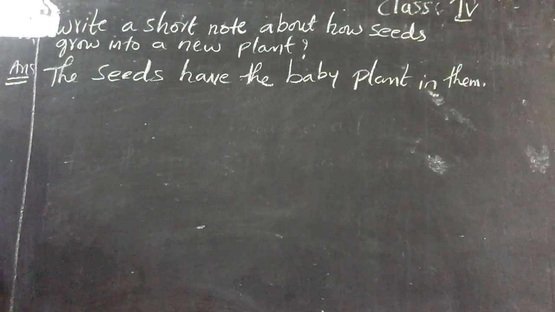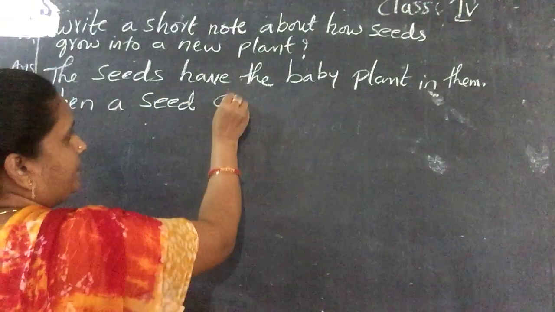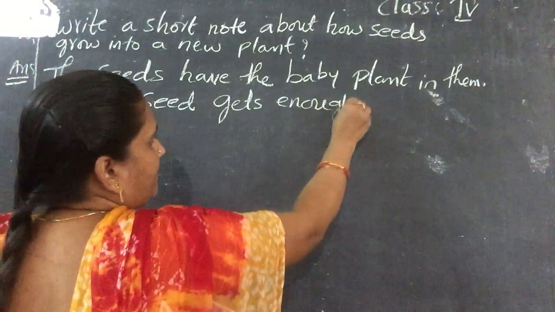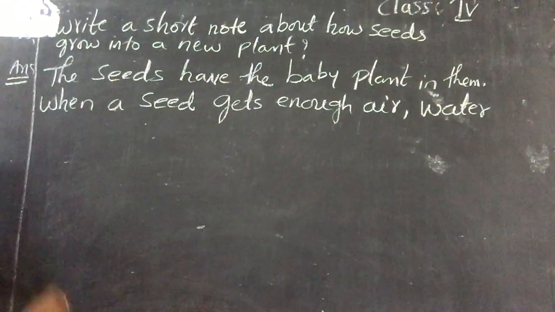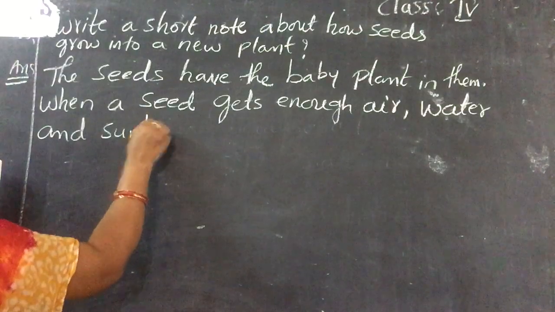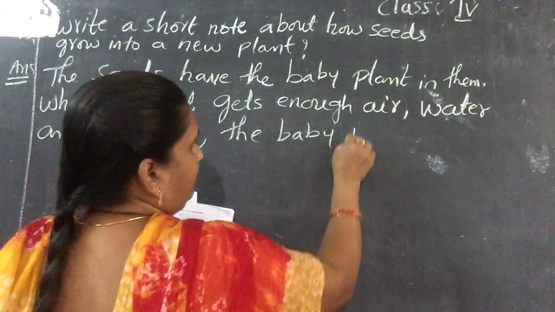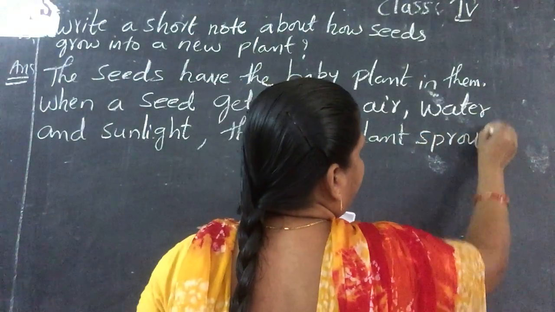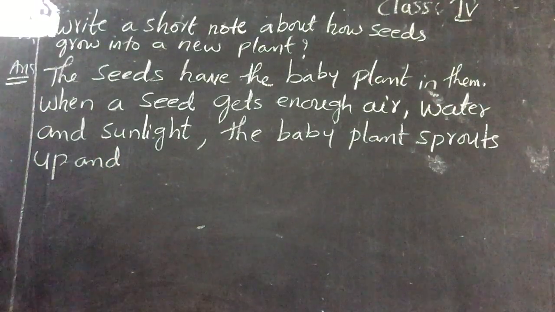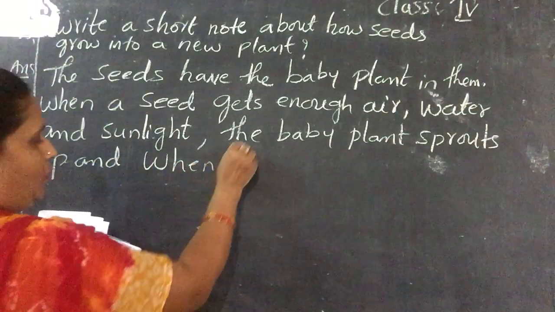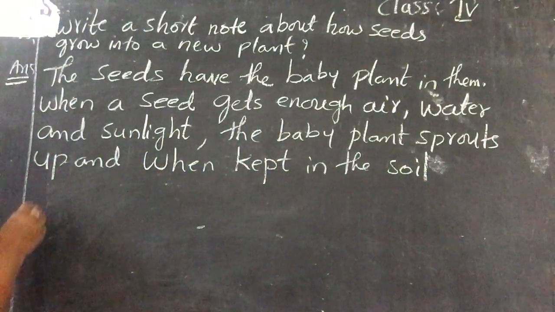The seeds have the baby plant in them. When a seed gets enough air, water and sunlight, the baby plant sprouts up, and when kept in the soil, grows into a new plant.